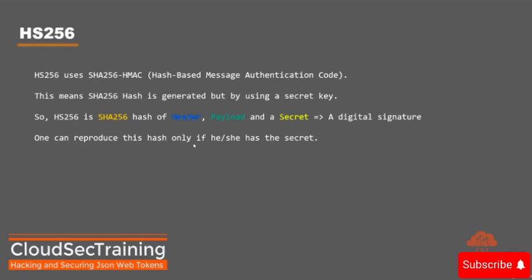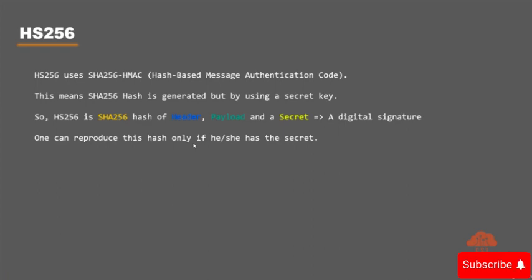Let's understand how HS256 is used in creating and validating JSON Web Tokens. HS256 uses SHA-256 HMAC, which is hash-based message authentication code.